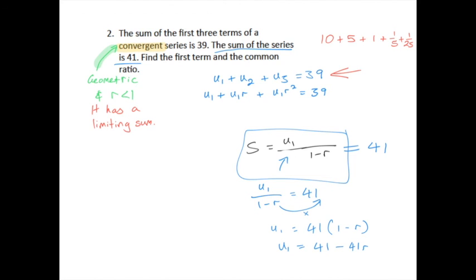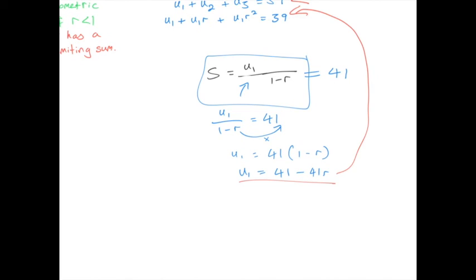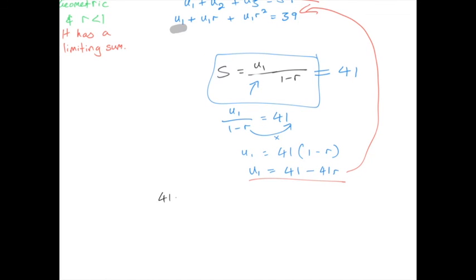Can you see what I could do now? Put u1 into there. I get 41 minus 41r. And then u1 times r, I get 41 minus 41r, oops, sorry, times another r. Plus u1 times r squared. 41 minus 41r, times r squared, equals 39.